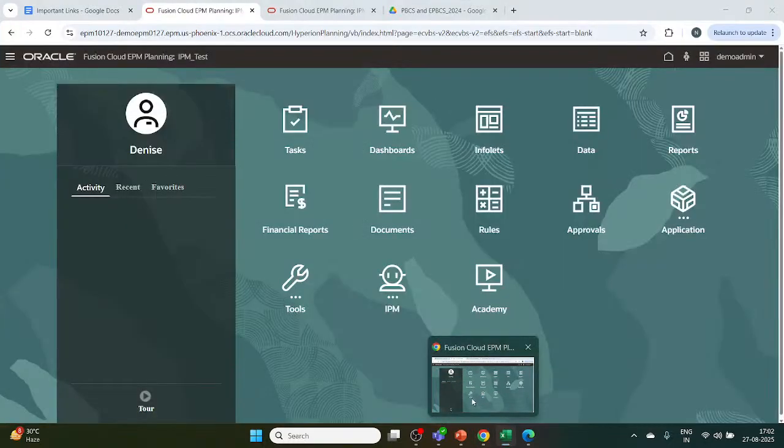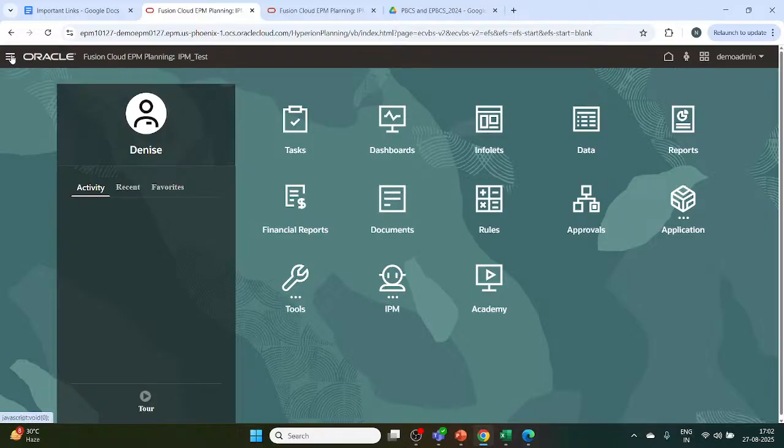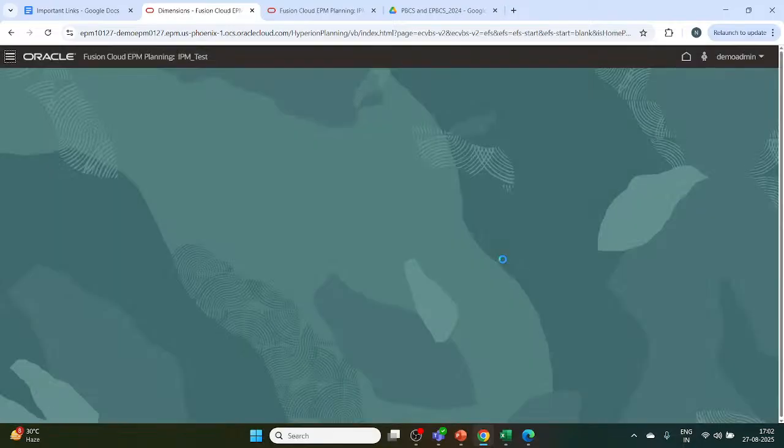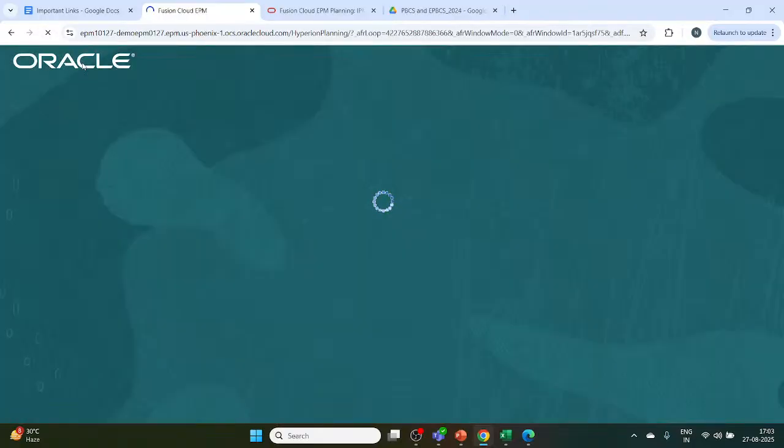Firstly, I will see the dimension here. First of all, I will click on the three-line navigator and then we will move to the dimension here. I will refresh. Sometimes there is network issue.